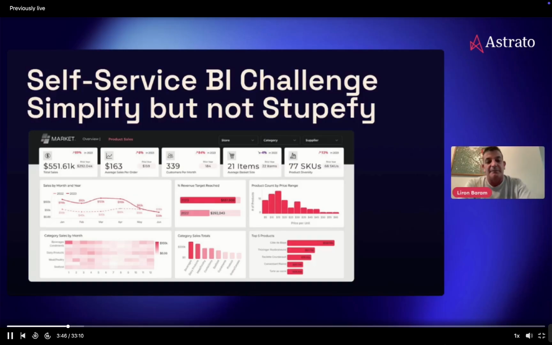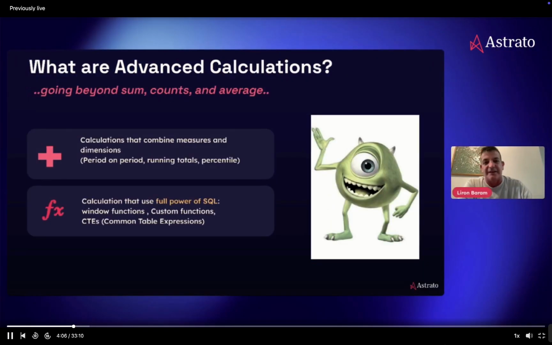And today we are going to look at advanced calculation, which is basically doing the opposite. I'm going to show how we simplify a complex task and make it available for everyone. But last thing before we continue, let's talk about what advanced calculations are.